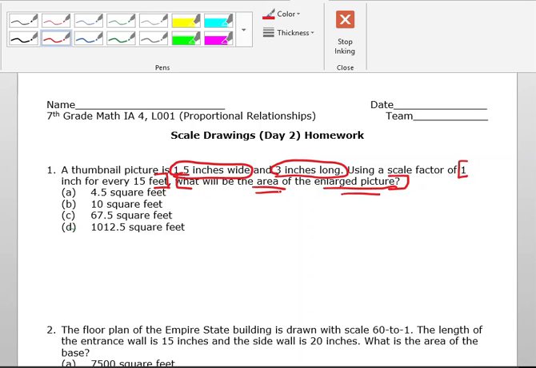Okay, area. So I'm looking for the actual. This is my sort of scale. All right. And so my scale factor is 1 inch for every 15 feet. Well, this is going from a thumbnail picture to a giant poster, apparently. Billboard even. All right, cool.